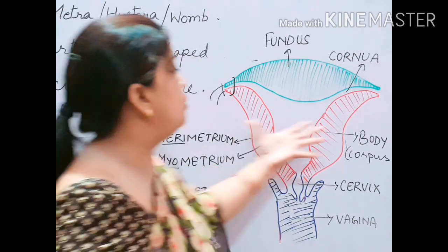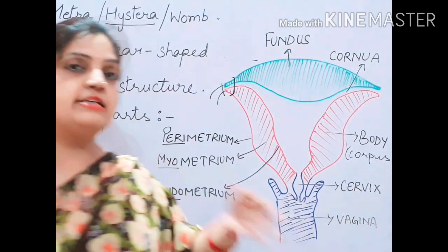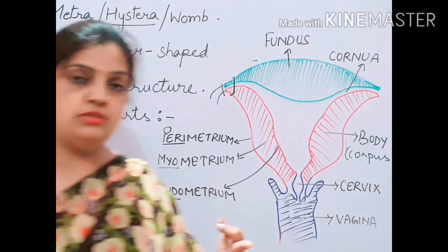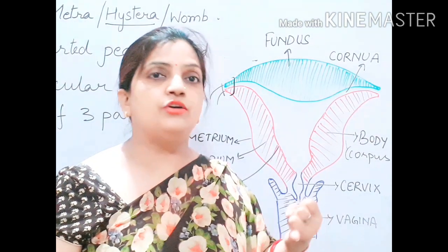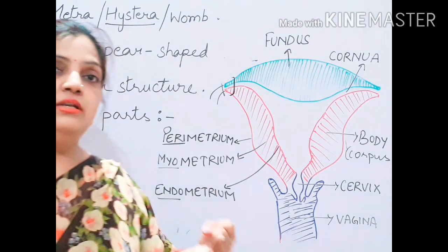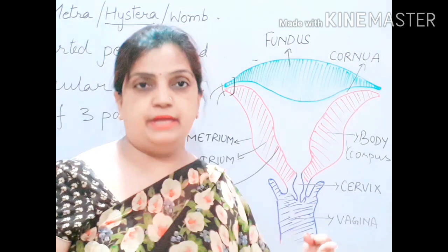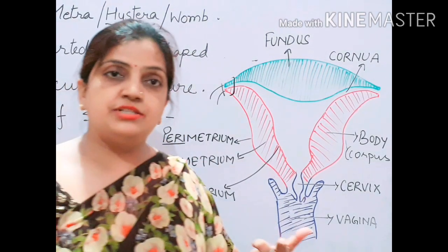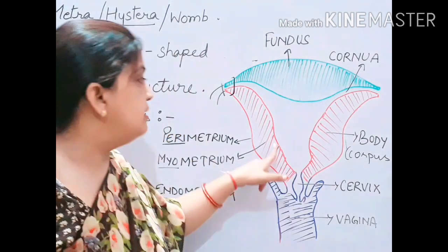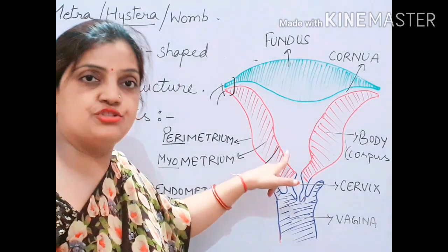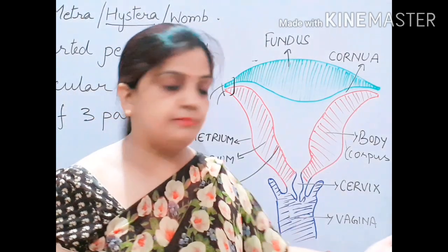This whole body of the uterus is made up of three muscular walls: the inner wall is endometrium, the middle wall is myometrium, and the outer wall is perimetrium. During the menstruation cycle in females, this endometrium sheds off. We will study that in later parts.